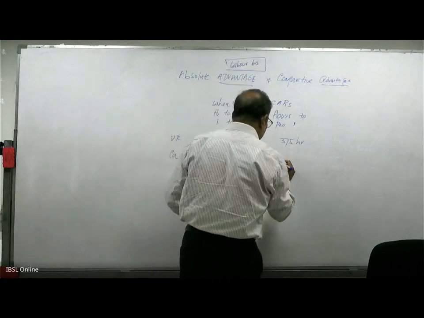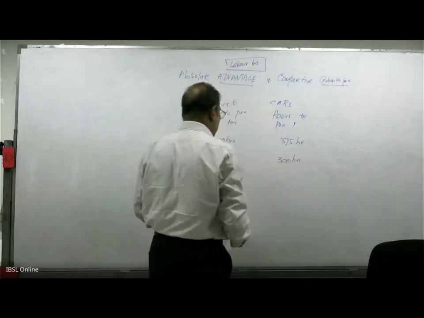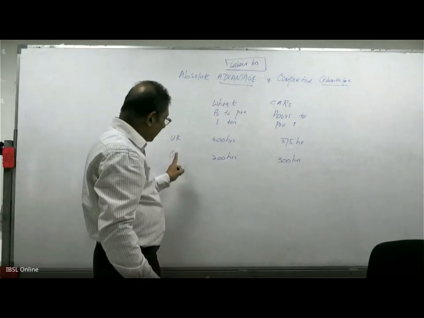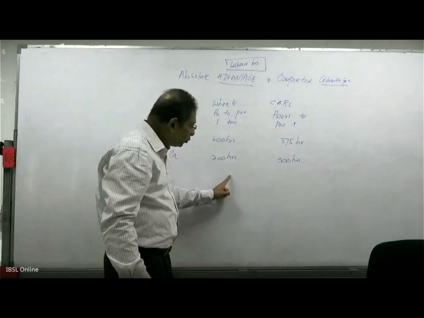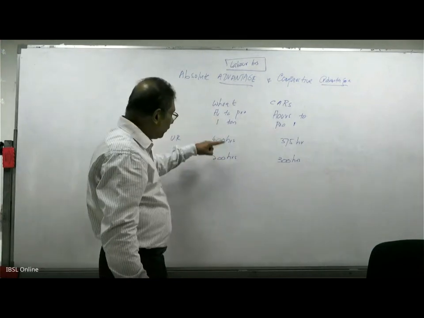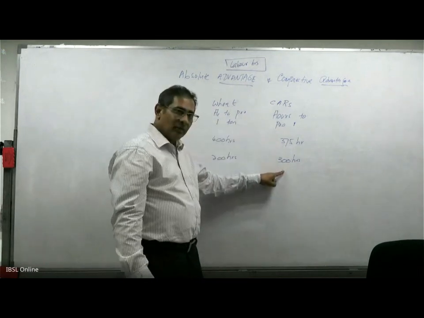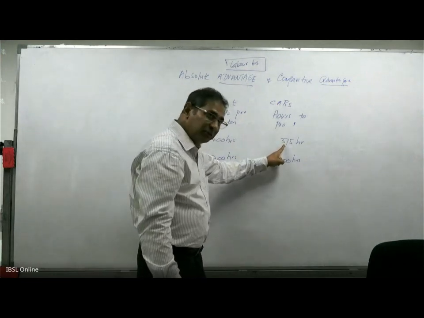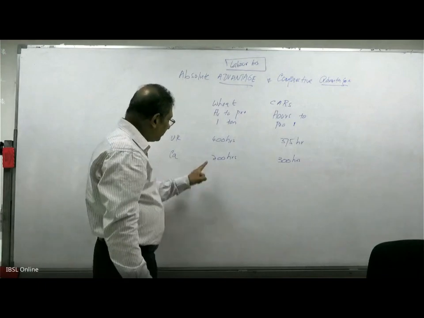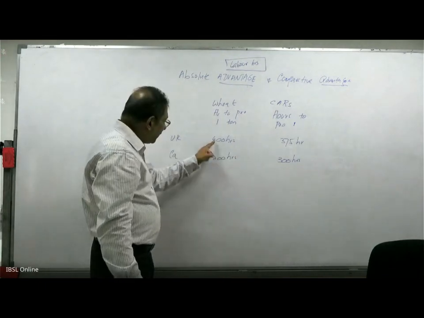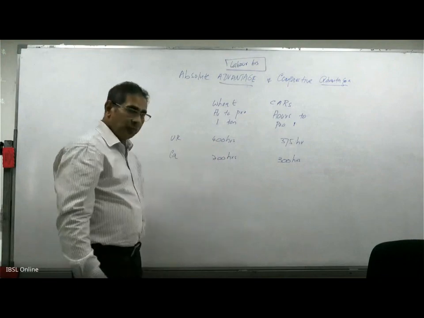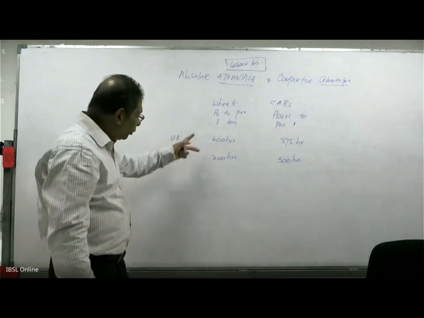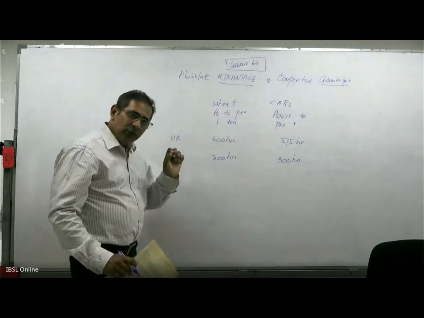Canada consumes 300 hours only. Now in this grid we see Canada has the absolute advantage for both commodities, wheat and cars, over UK. Because while UK takes 375 hours for cars, Canada takes only 300, and UK consumes double the hours Canada does to produce 1 ton of wheat. In both cases, Canada has the absolute advantage.